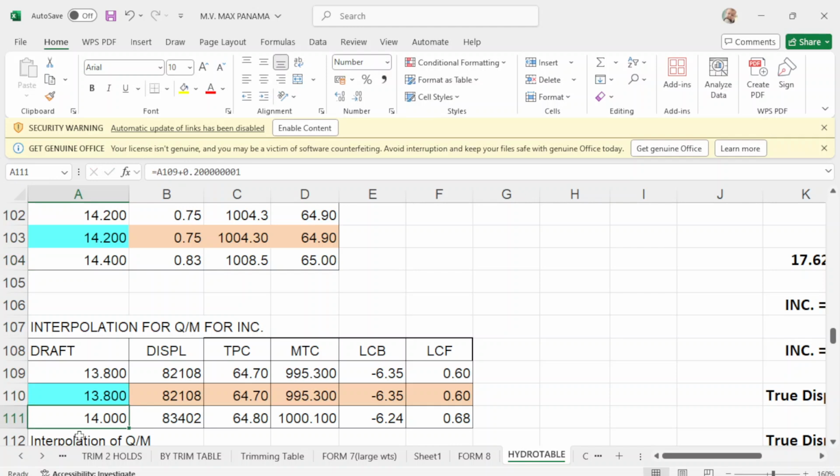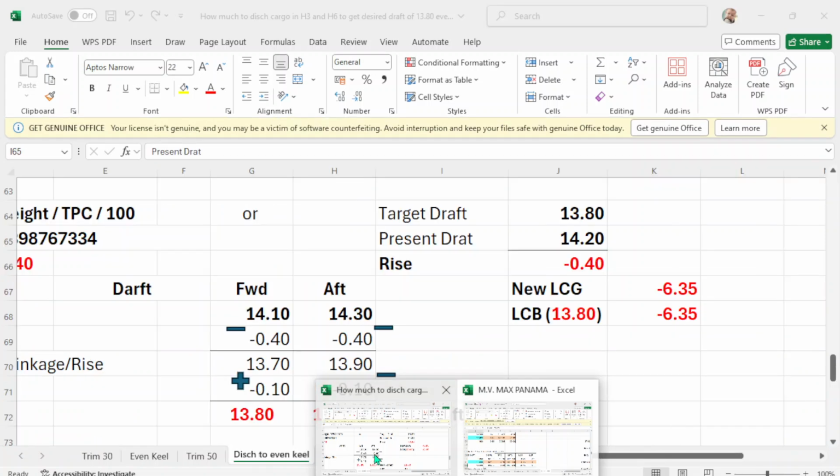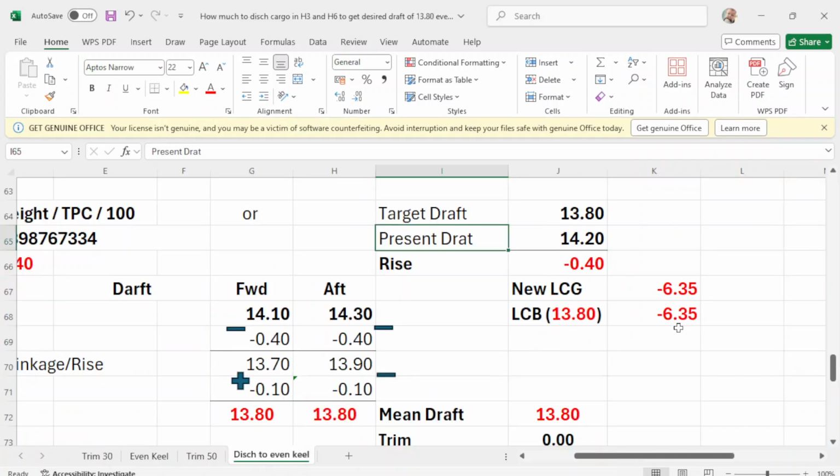Okay, LCB for 13.80 is negative 6.35. Okay, negative 6.35. So the new LCG should also be negative 6.35. Why? Okay.